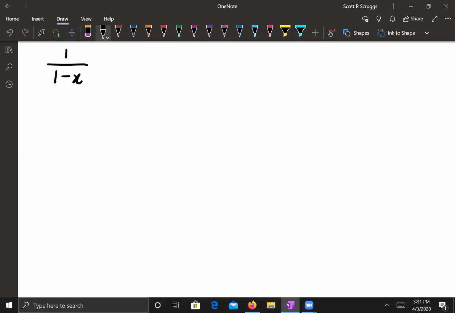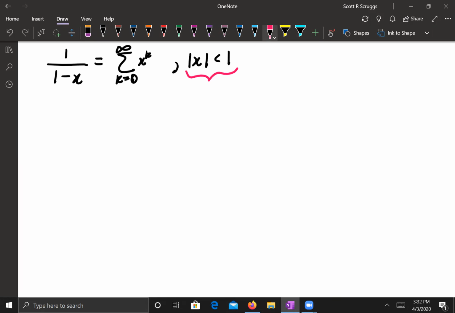If you watch the video lecture notes, you know this result now: I can rewrite the function 1 over 1 minus x as the sum of x raised to the k, where the absolute value of x is less than 1.